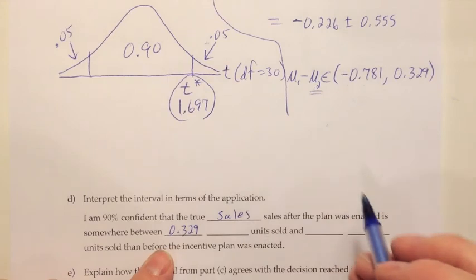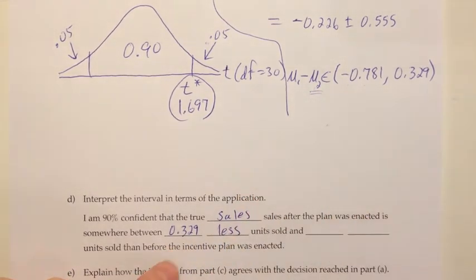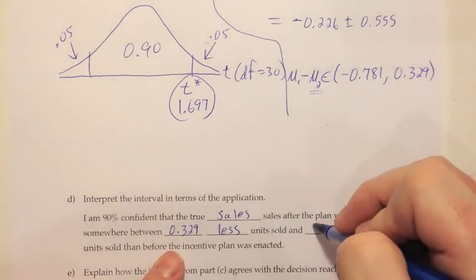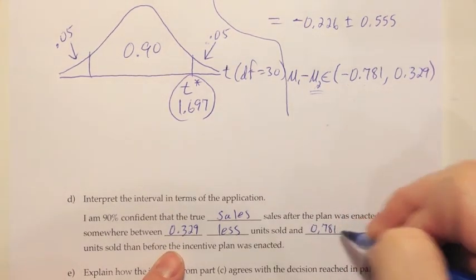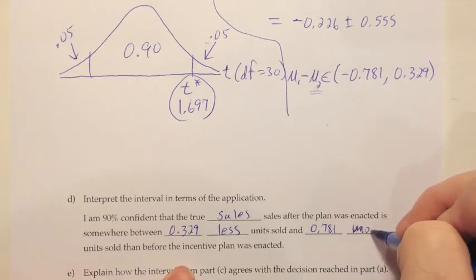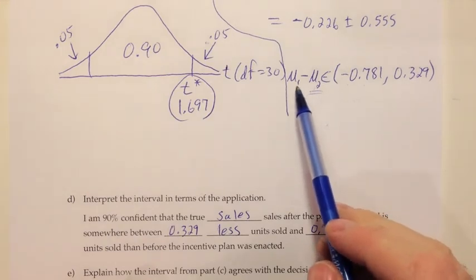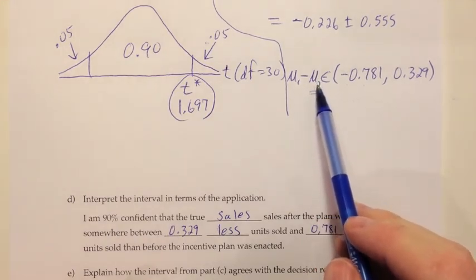So I'm going to say it's somewhere between 0.329 less units sold, and then on the other side, 0.781 more units sold. And I'm going to put more there because in order for a subtraction to come out negative, the second number needs to be bigger.